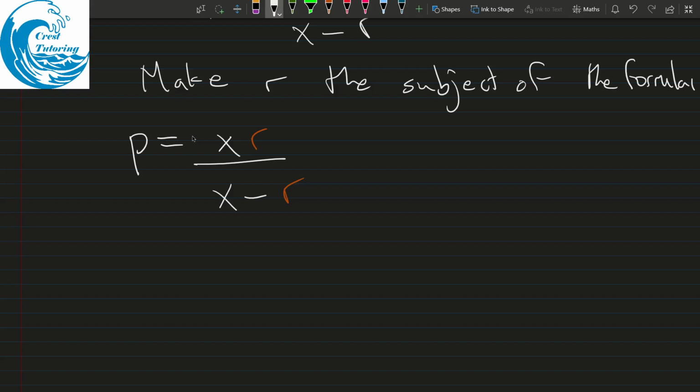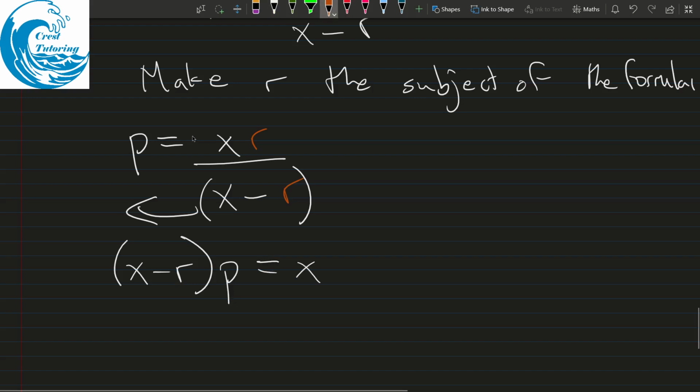First step that I would do is I would bring across all of that. Everything that's being divided, I'll bring it across to here and make it x minus r times p, and that's going to equal x r.